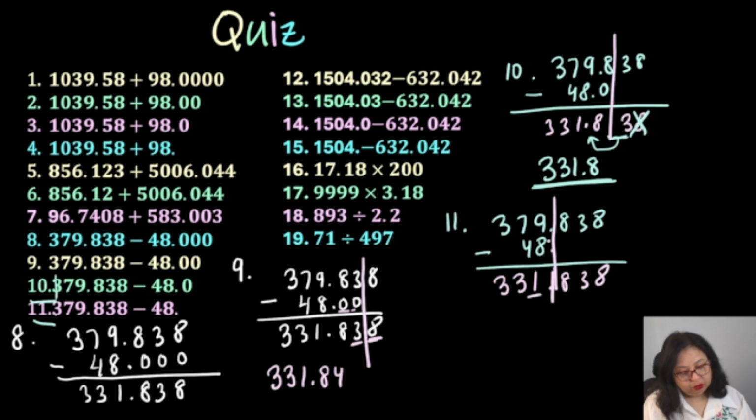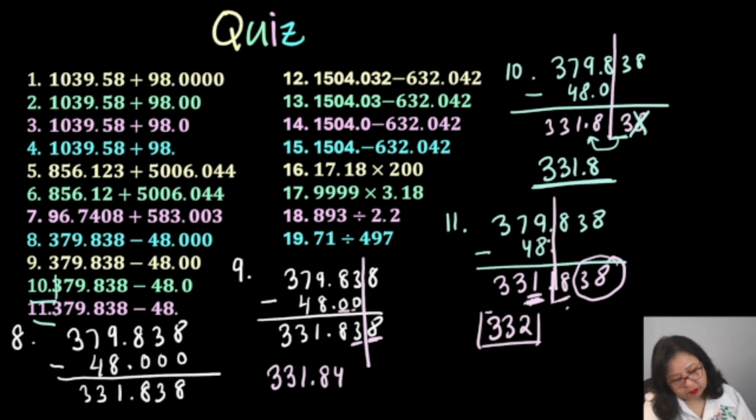That means we need to figure out if this 1, which would be the last digit after rounding off, needs to be rounded up or not. Since the digit immediately to the right of this 1 is 8, which is greater than 5, this 1 will round up to 2. While these digits, the second and the third from the decimal, do not matter. So the answer is 332.